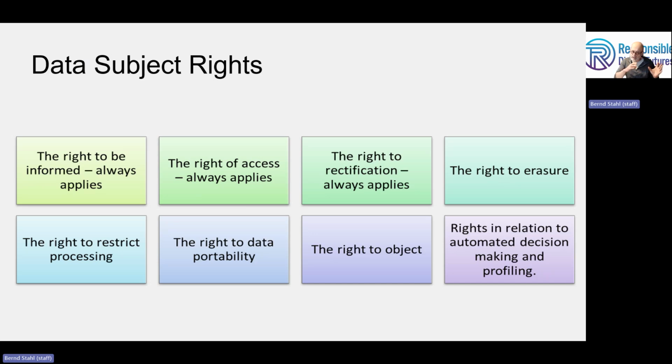So you can ask your data processor or data controller what they're using the data for, and they have to explain it. And you have the right to rectify data. So if there's a mistake in the data, you can ask them to correct it. You have the right to erasure in some cases. You have the right to restrict processing, the right to portability, so to take your data from one place to another. You have the right to object, and you have rights related to automatic decision-making and profiling.